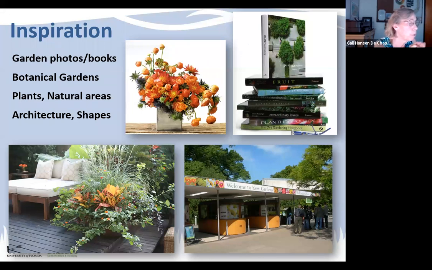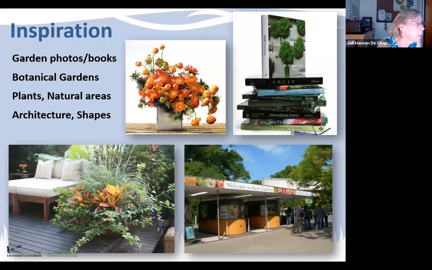So if you are on Pinterest or whatever, look on Pinterest. You can gather some photos there. You can look at garden books, magazines. Garden Design magazine is a good one to look at. You can go to botanical gardens. There are really great botanical gardens here in Florida that you can visit where you can get some really awesome ideas for your yard.